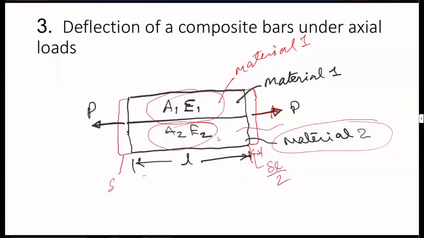So this is my delta L by 2. Now I have delta L by 2 on both sides and I am having equal deflection, equal deformation for my material 1 and my material 2. Both the materials are getting stressed to the same delta L by 2 here.